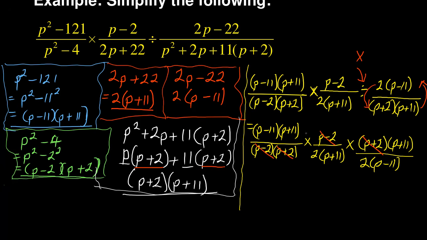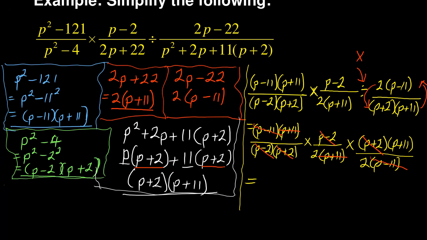I have p minus 11 there with p plus 11 with p plus 11, and then I have that one, p minus 11 with that one, p minus 11, and I think I have managed to cancel out all that was common there, and in this case I can therefore look at what is remaining.